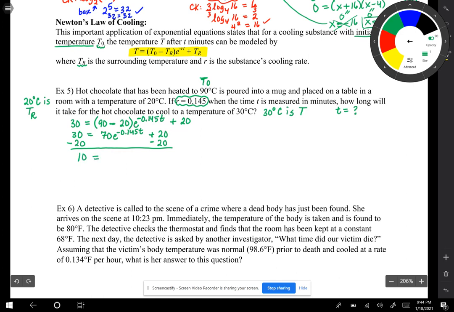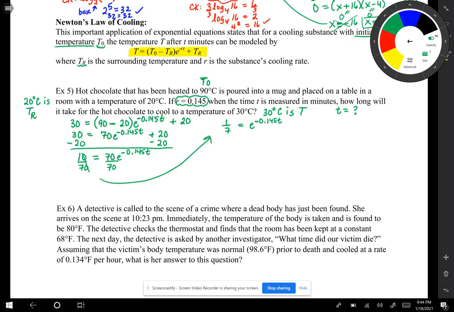So 10 equals 70 e to the negative 0.145 t. Divide both sides by 70, the zeros cancel, and you're left with 1/7. I'm going to move over here just so I have room. So we have 1/7 equals e to the negative 0.145 t.